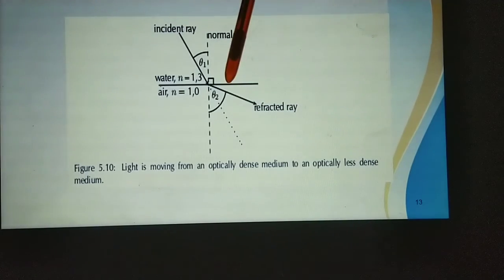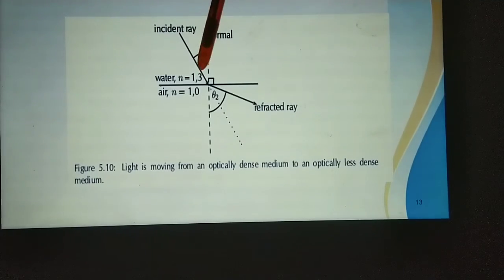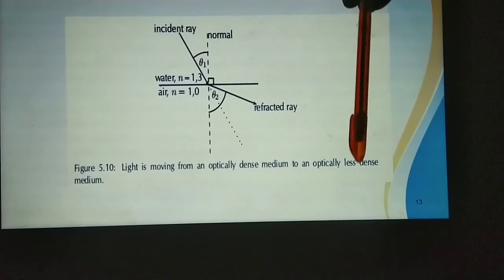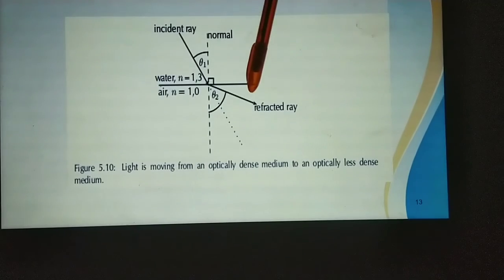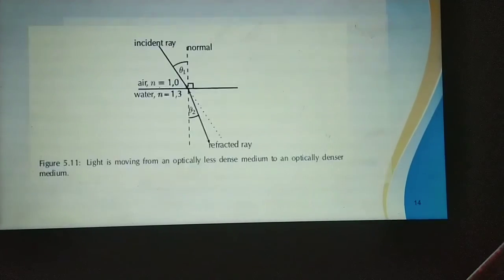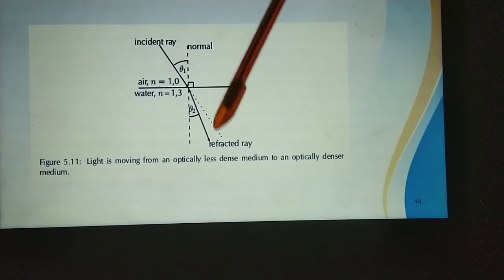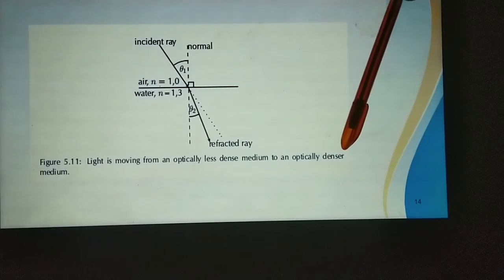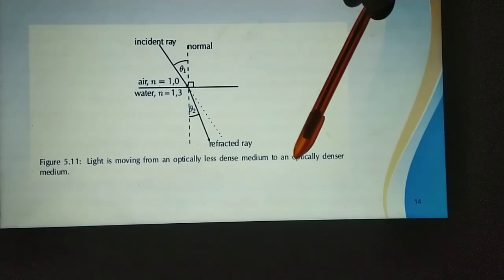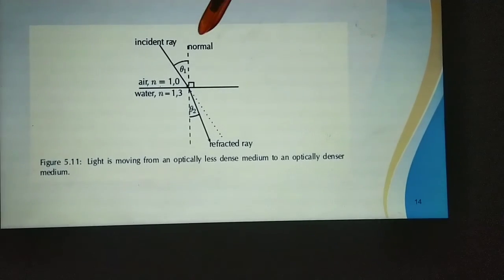When it moves from more dense to less dense, you find that the angle of refraction is greater than the angle of incidence. Then from there, if you check here, it is moving from less dense to an optically denser medium. So if you look here, this angle is less.